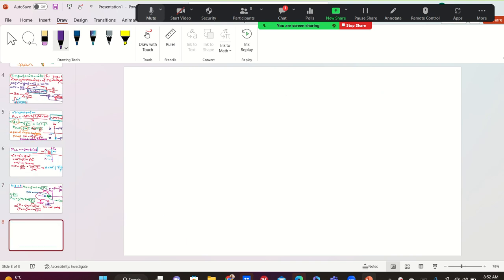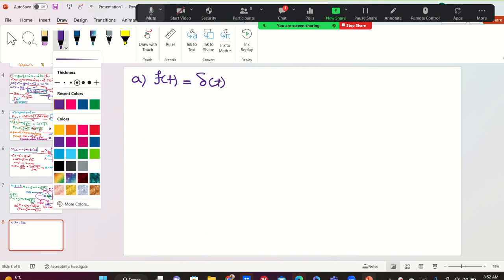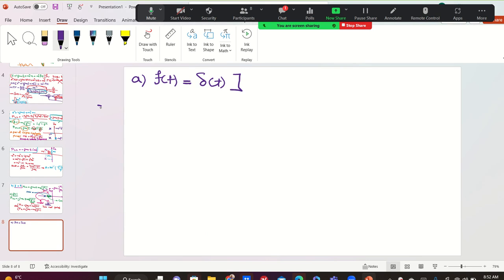Okay. Now, case A. If the input to the system is an impulse, as we did with the first order system first. So if you apply the Laplace transform, F of s is going to be how much? 1. Remember?